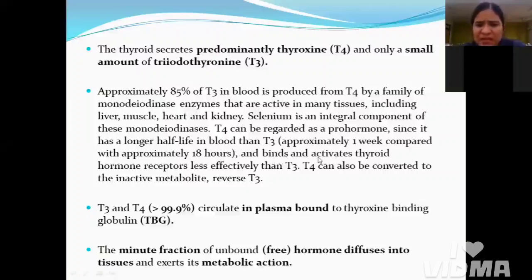Okay, and T4 binds and activates thyroid hormone receptors less effectively than T3. So T3 is more potent than T4. And T4 can also be converted to an inactive metabolite, that is reverse T3.